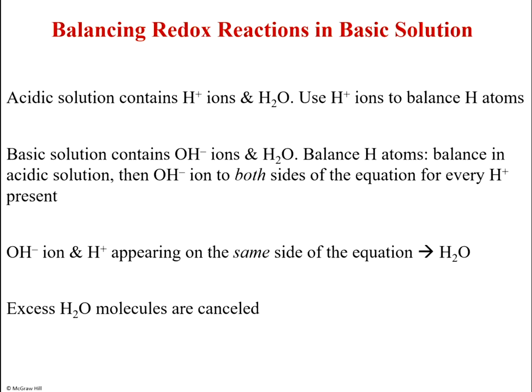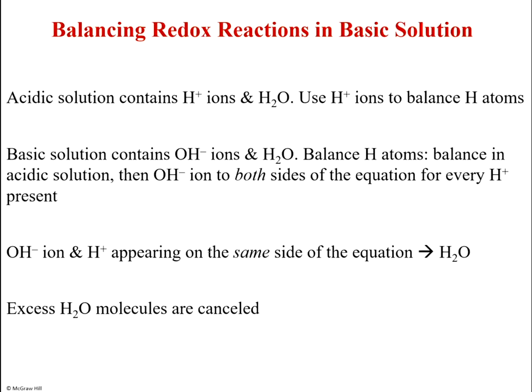In general, we may have reactions that occur in basic solution. Acidic solution contains protons and waters, so the protons are balancing the hydrogen atoms. Basic solutions will have excess hydroxide ions along with the water.